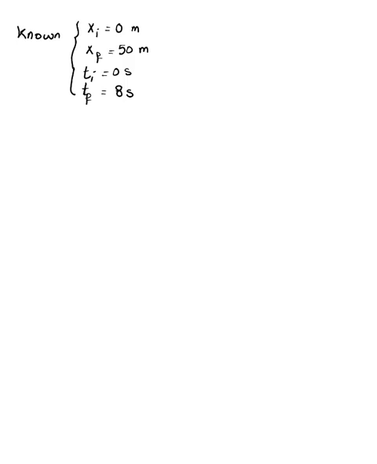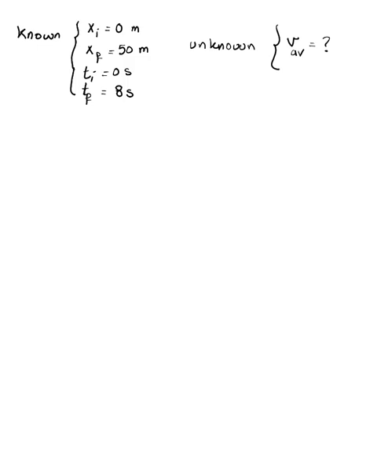The final location of the athlete is at 50 meters. Let's say he starts the motion at 0 seconds and completes the 50 meters in 8 seconds. This is what the problem tells us. What it asks is: what is the average sprint velocity? So the unknown is the average sprinting velocity.